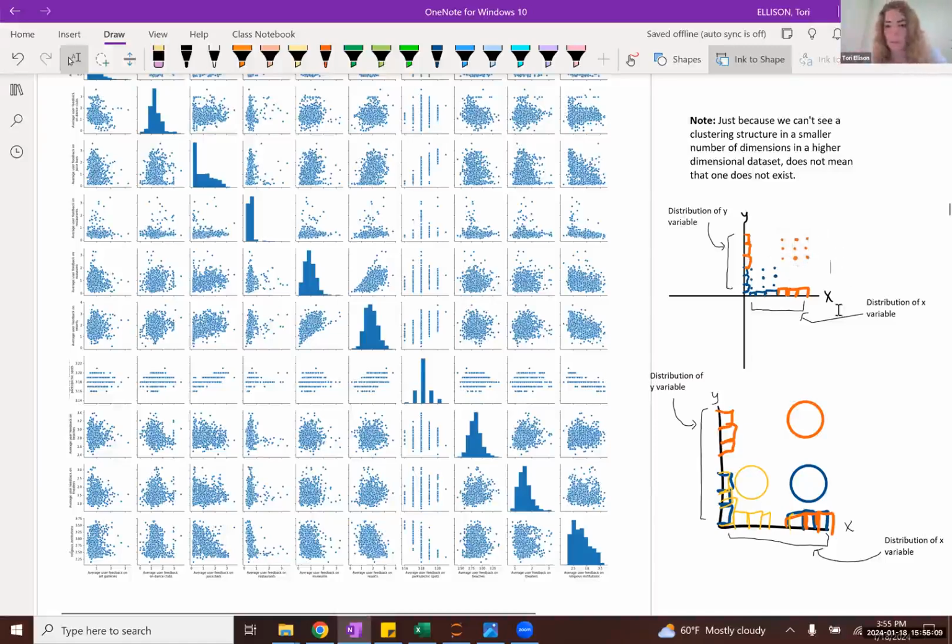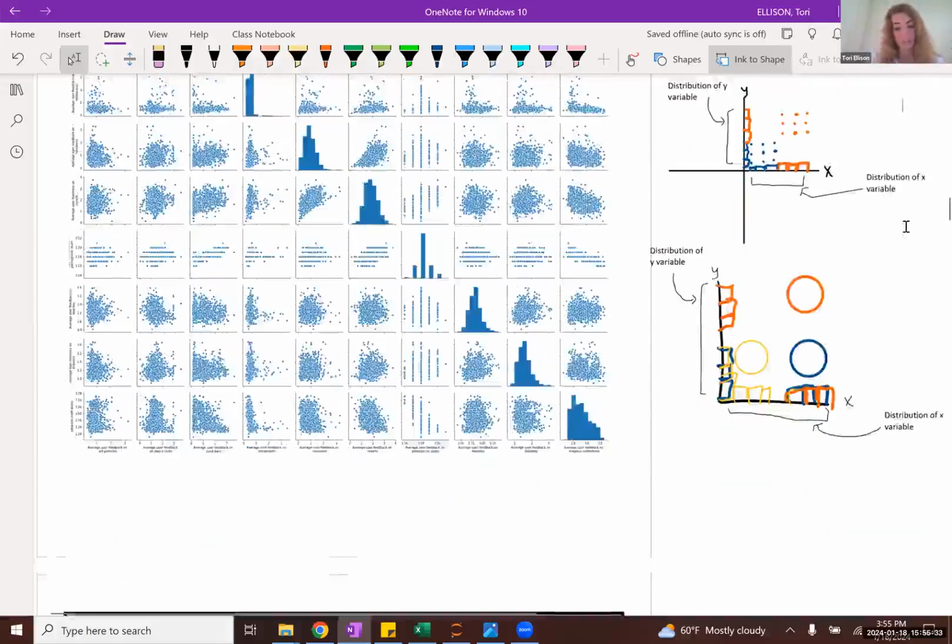However, if we were to simply visualize the X variable in a histogram, we wouldn't see that clustering relationship. So the only true way to know visually if a clustering relationship exists in 10 variables is to look at a 10-dimensional scatter plot, which is something that we cannot do.